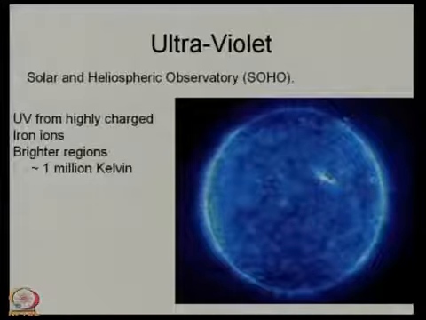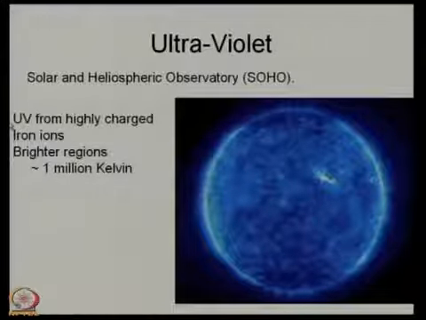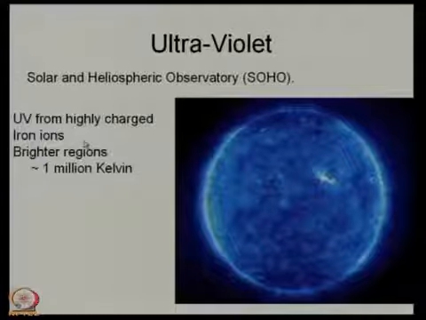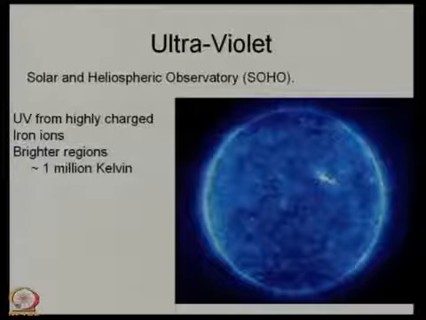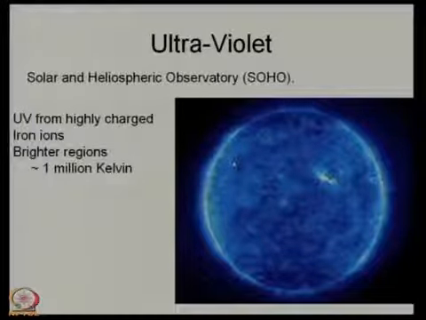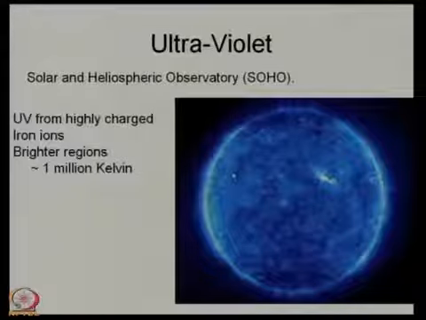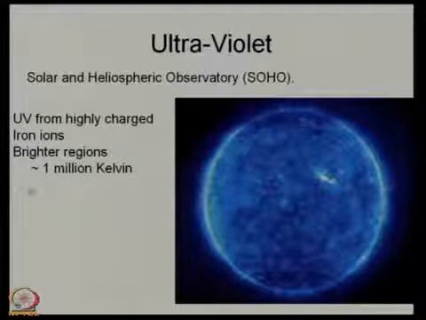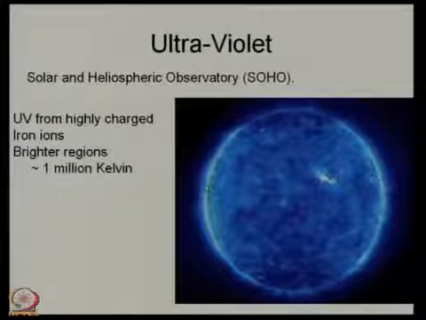This image measures the ultraviolet from highly charged iron ions. The bright parts in this image tell you that the temperature there is around 1,000,000 Kelvin, which again is far in excess of 5800.